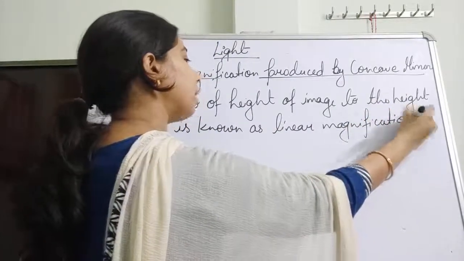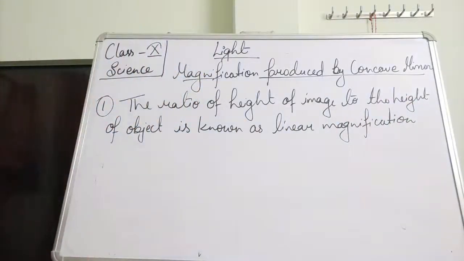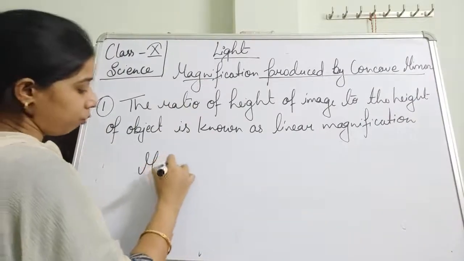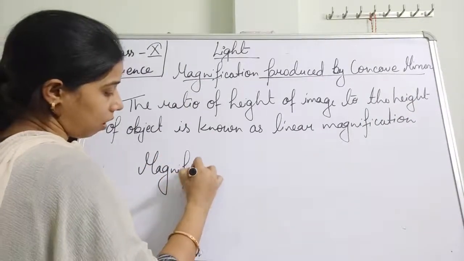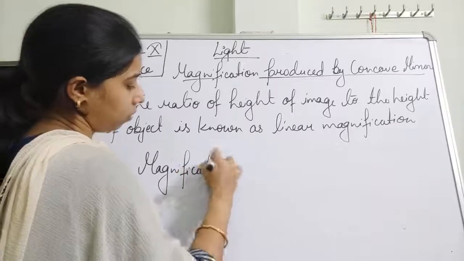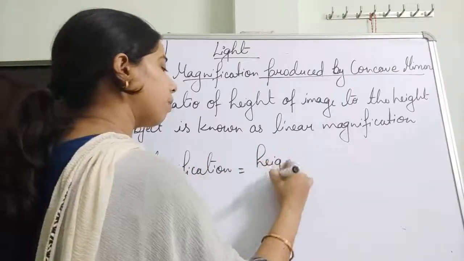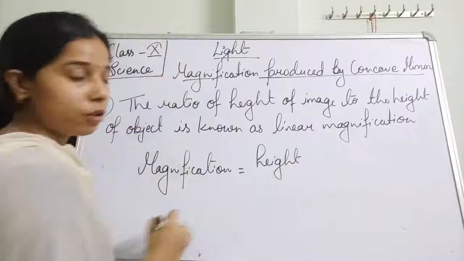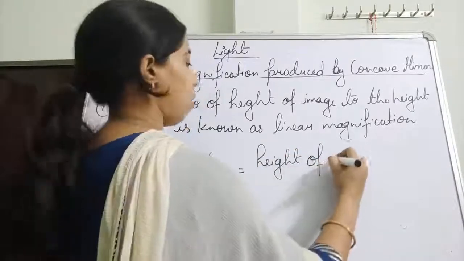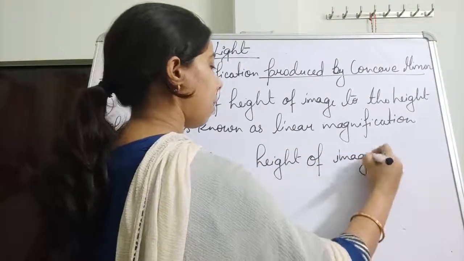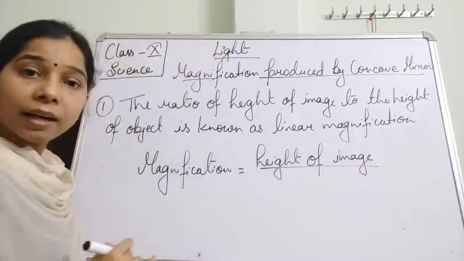So we can write it here: magnification is equal to height of image upon height of the object.